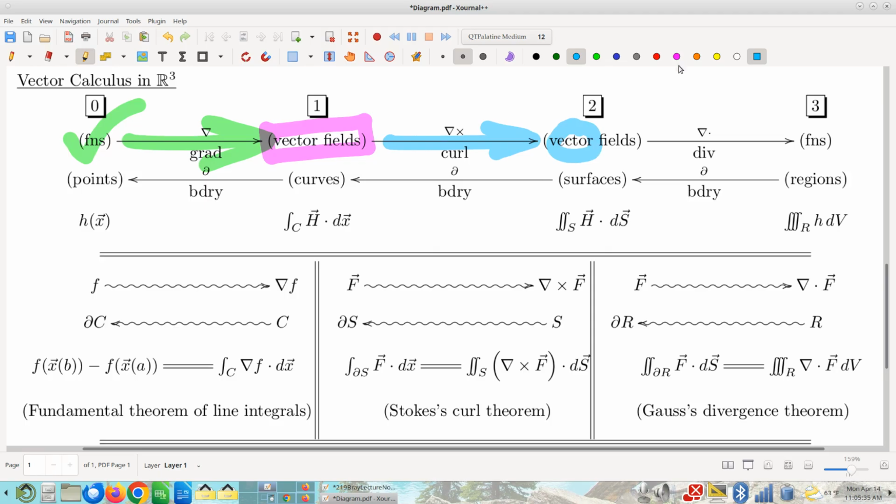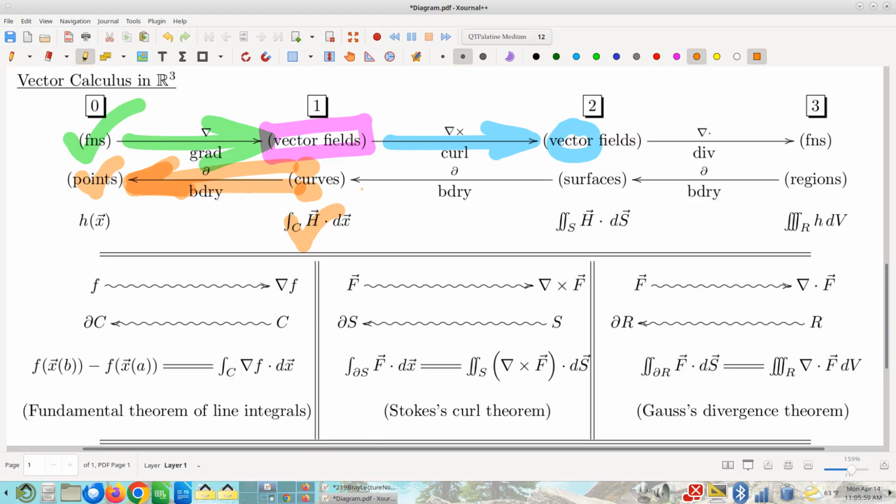Said differently, there are vector fields that are path independent in the sense that if you take any two curves that have the same boundary points, you'll get the same value for the line integrals. Again, this is how I like to draw that. In the same way that these three conditions are all simultaneous. Again, regularity issues ignored.